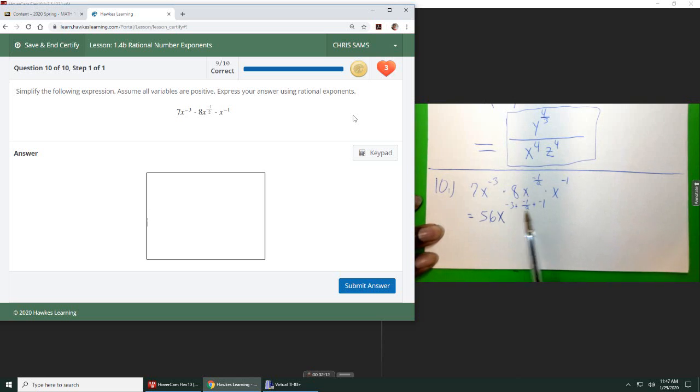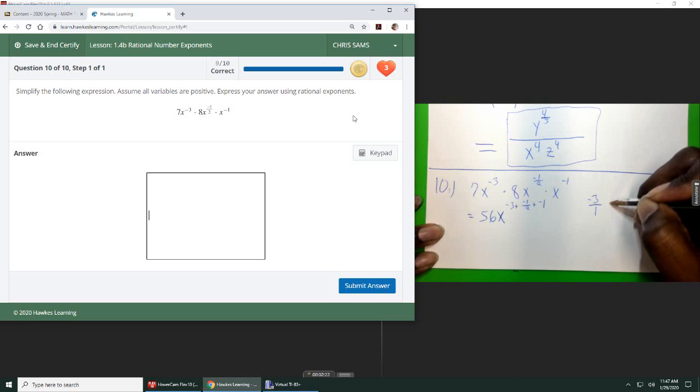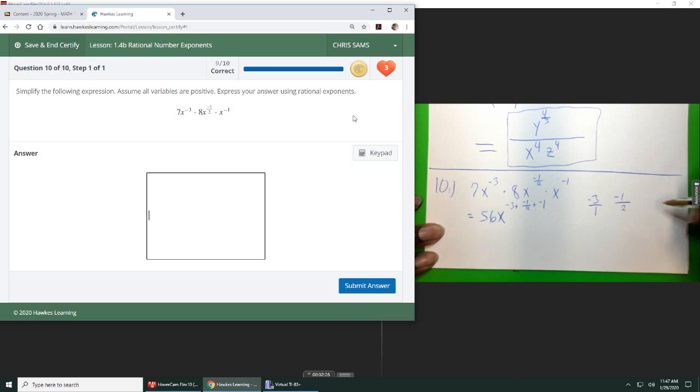In order to combine these, we have to have a common denominator. So negative 3 is understood to be over 1. The negative 1/2 is over 2, and the negative 1 is understood to be over 1. So the least common multiple between 1 and 2 is 2.